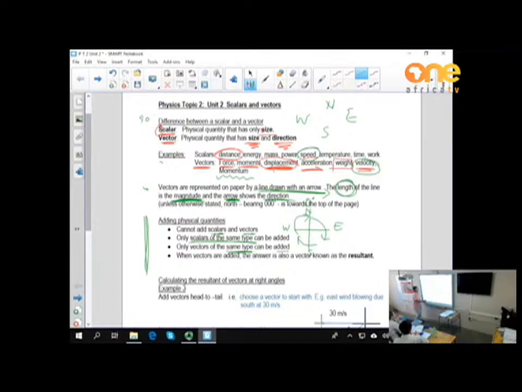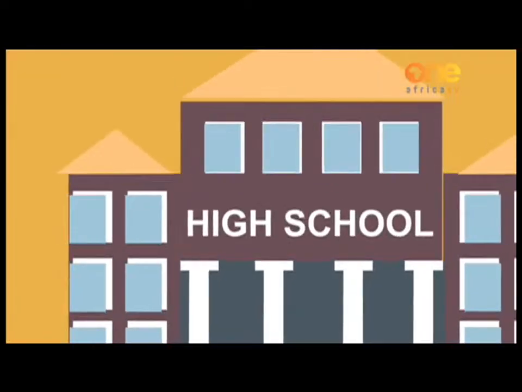When vectors are added, the answer is also a vector, and here's a very important term. The answer of a vector calculation, if I add lots of vectors together, is known as the resultant. It's the resulting effect of a lot of vectors. Okay, now the resultant can be in Newton or in meters per second or in whatever vector we are working with. Yes?